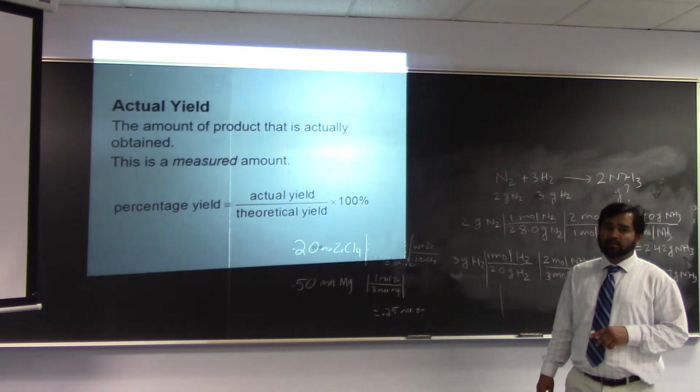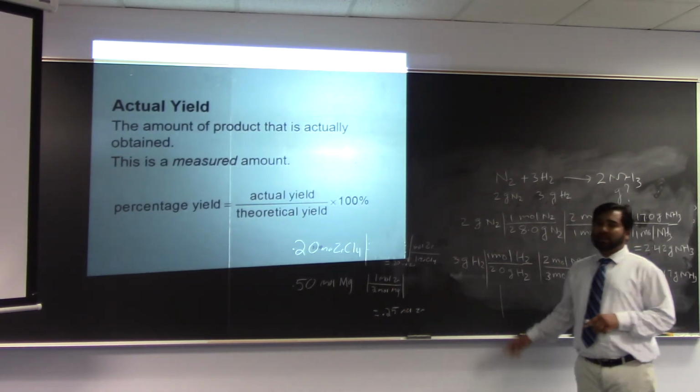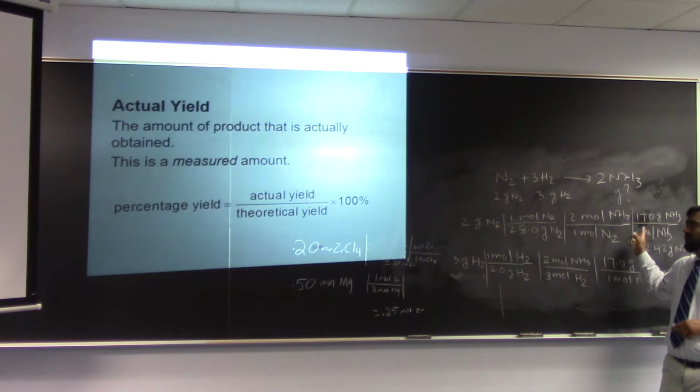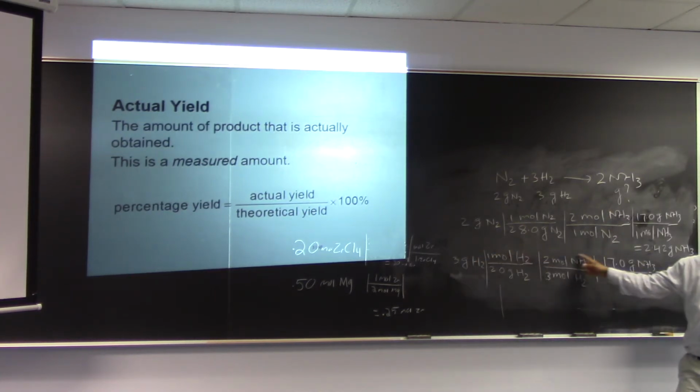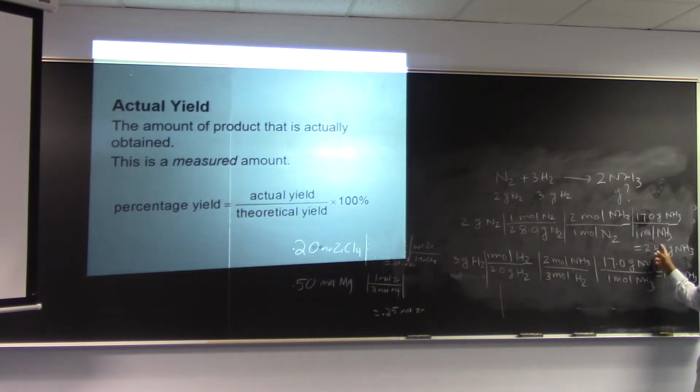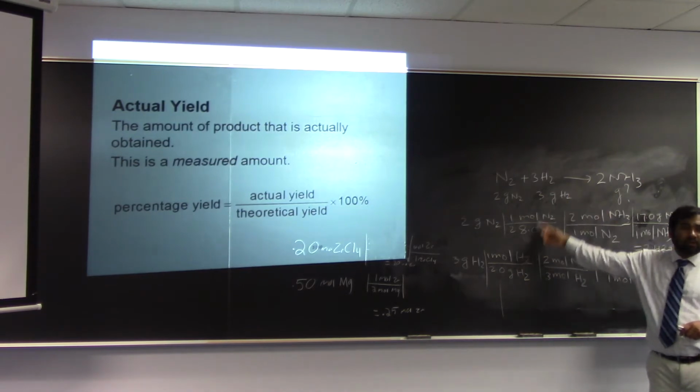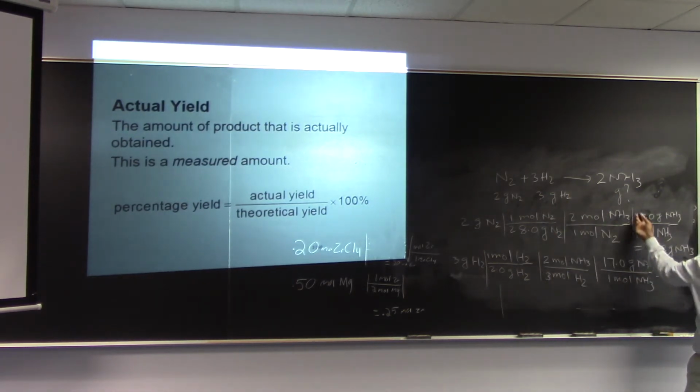Right? So if you need to calculate theoretical yield, you have a reactant, how do you calculate? This way. Now you did. And how about the actual one? Can you calculate the actual one from the equation?